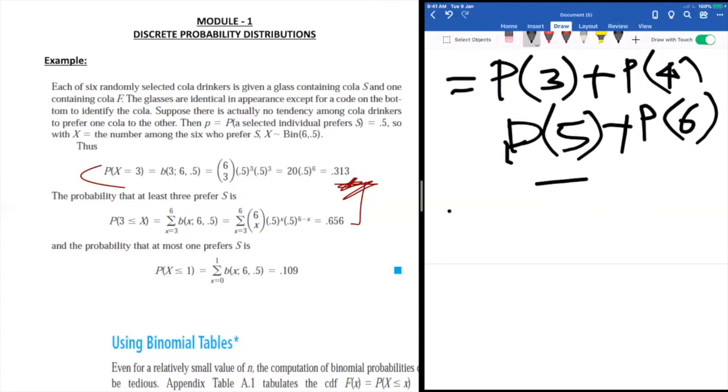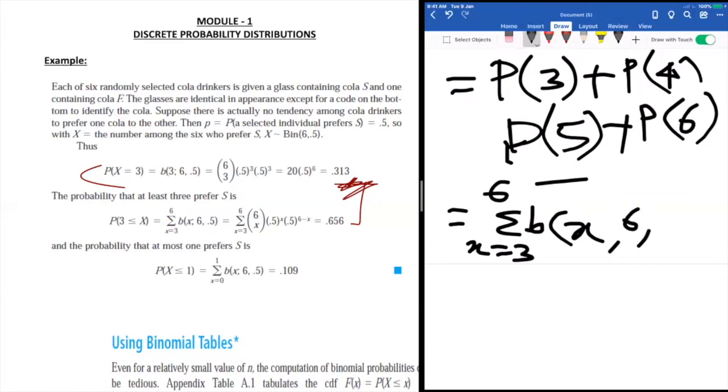Which is equal to the summation, X equal to 3 to 6, of binomial of X, n equal to 6, p equal to 1 by 2 or 0.5. X varying from 3 to 6: 3, 4, 5, 6.